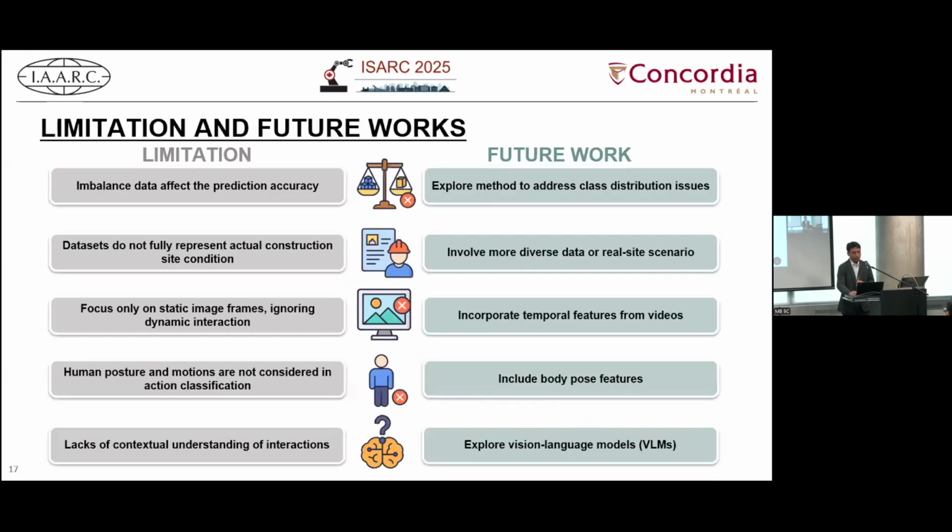However, we have some limitations here. We only rely on static images, and because of that, we might not get other potential features like temporal features. We haven't considered them, and we also haven't used pose features.